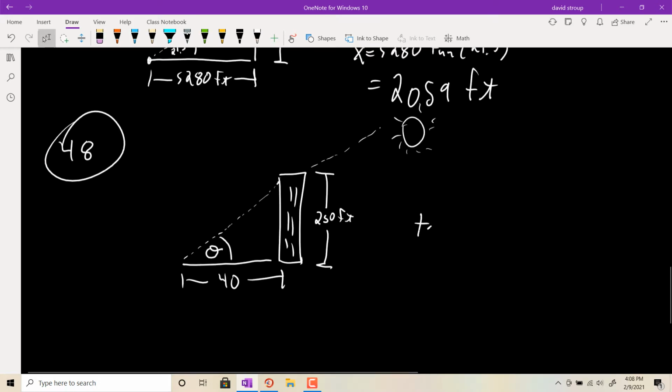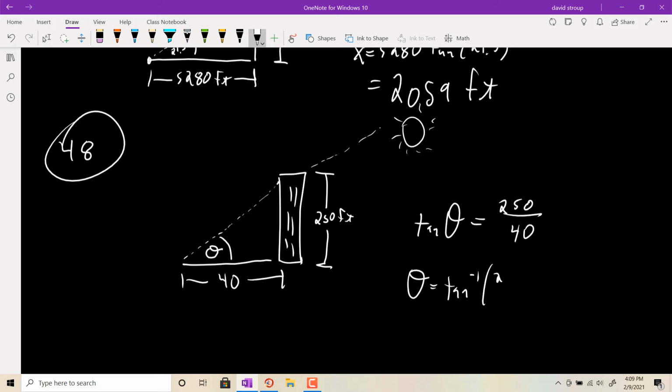So the tan of theta is equal to opposite, 250, all over adjacent, which in this case was 40. Then do tan inverse on both sides, and you end up with theta equaling tan inverse of, reducing a little bit, 25 fourths. And then we go to our calculator.